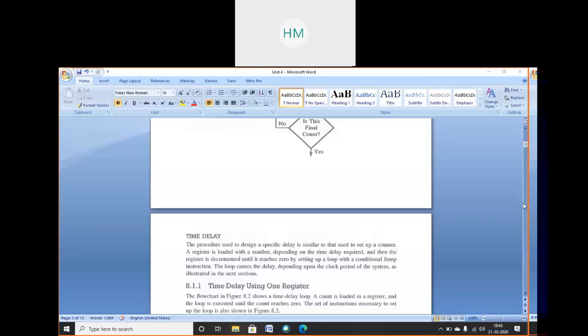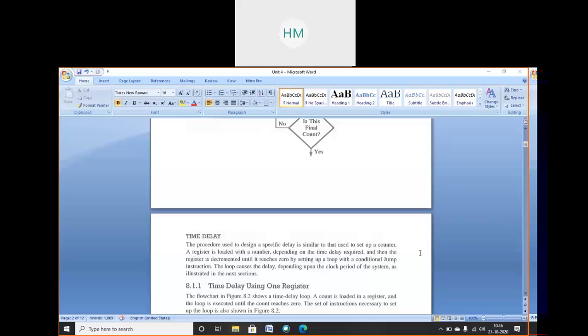So that is one of the other ways we can use. It's very easy. And I was about to ask you, what do you mean by 1T state? Yes, please reply. What do you mean by 1T state? The time delay. I have just started now. What do you mean by time delay?